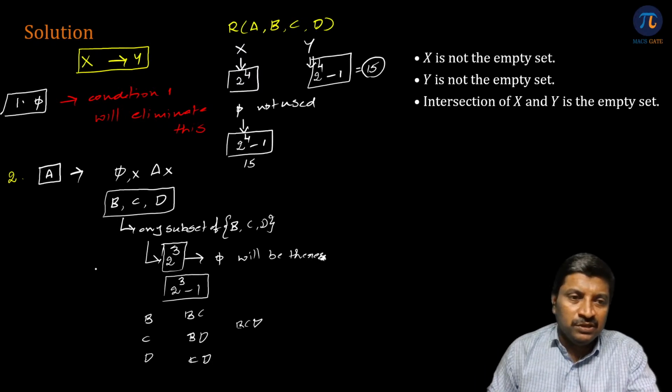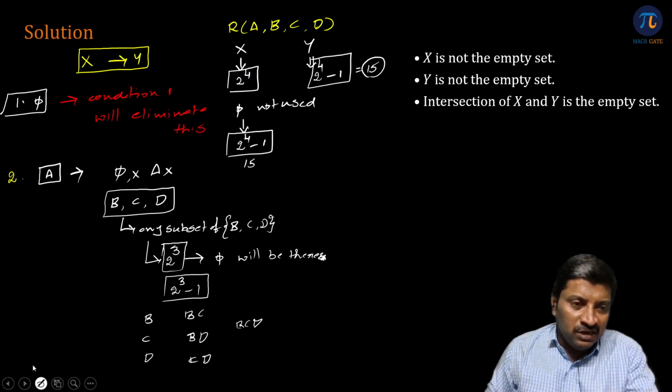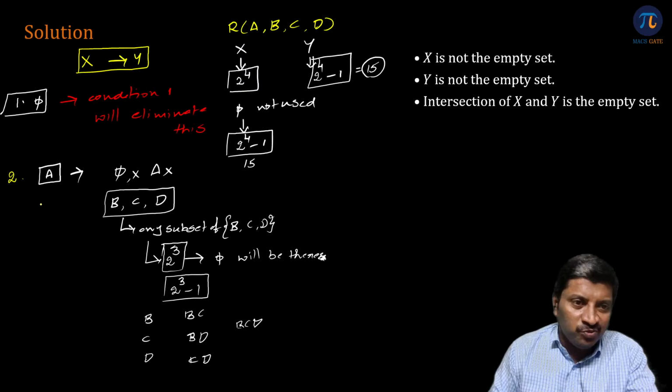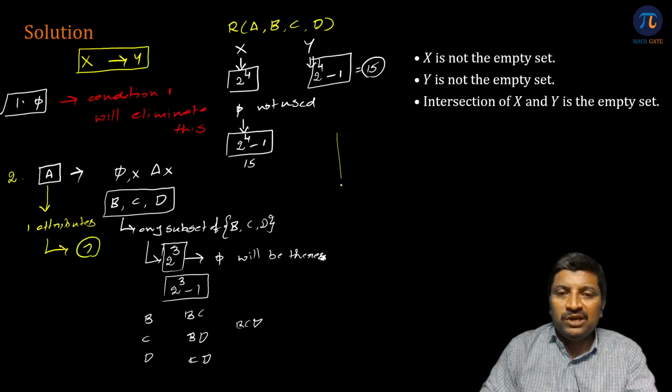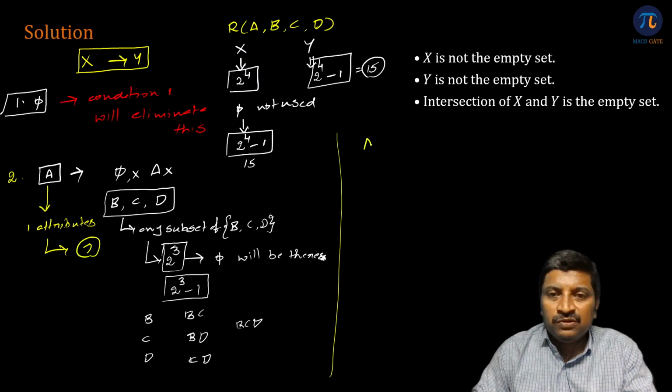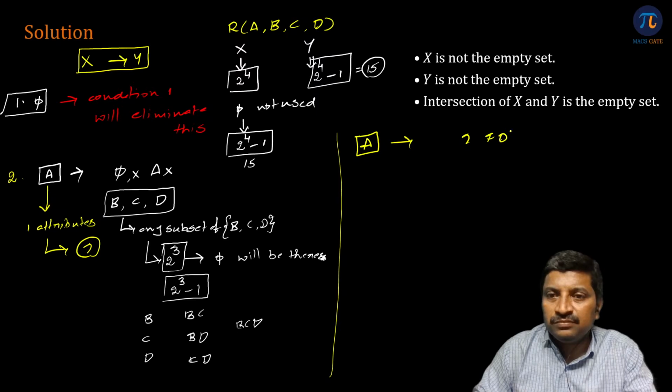Hope you understood it. So the conclusion is, whenever I have only one attribute on the left side, for Y how many possibilities are there? 7 possibilities. So whenever I have left side A, the number of functional dependencies is 7.